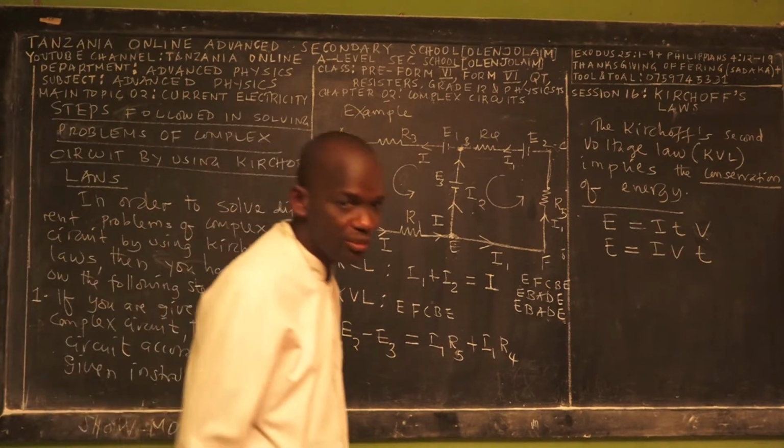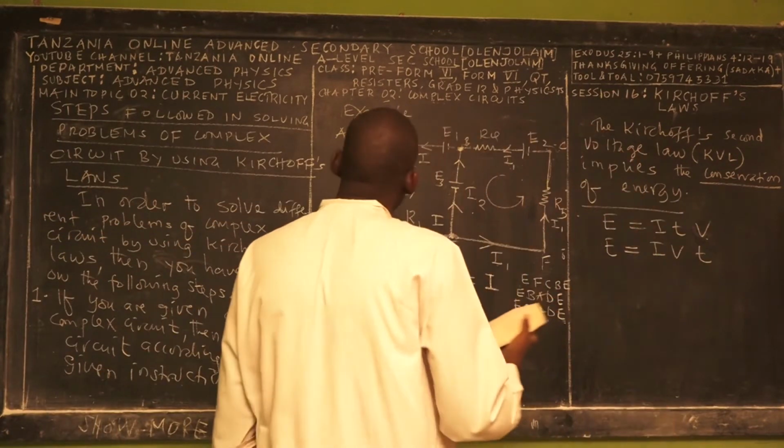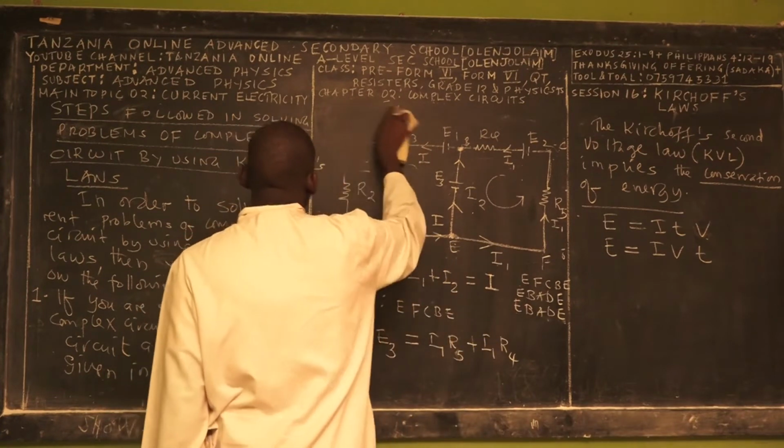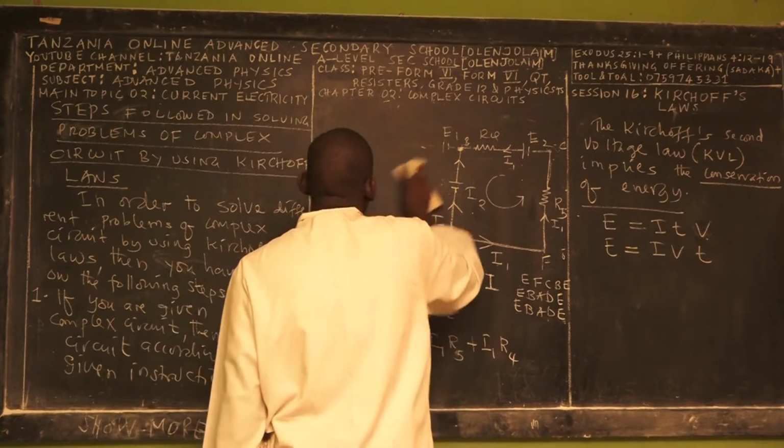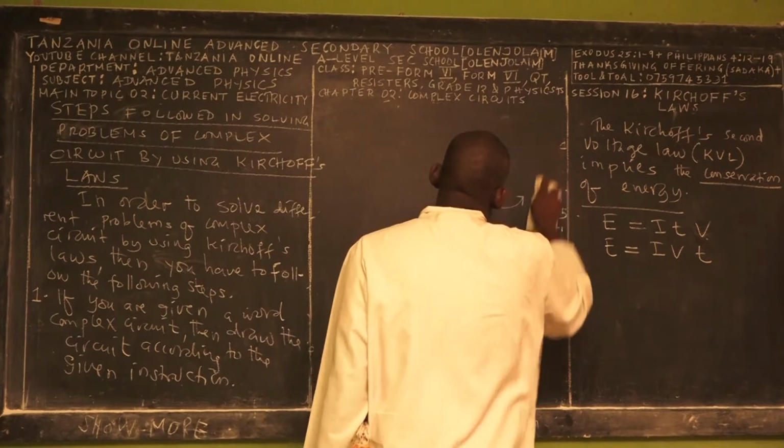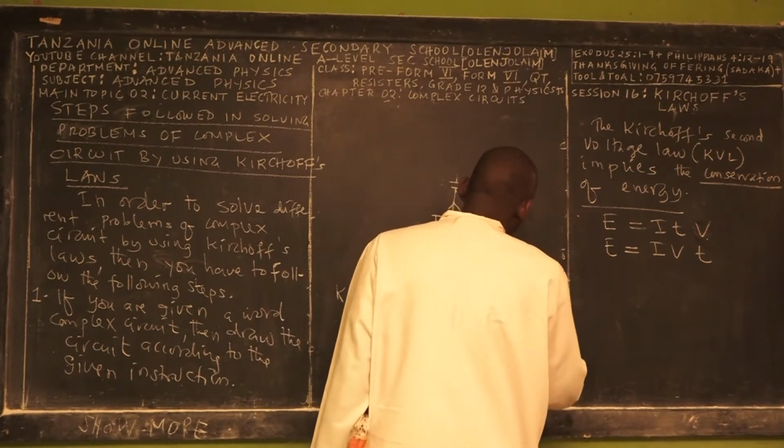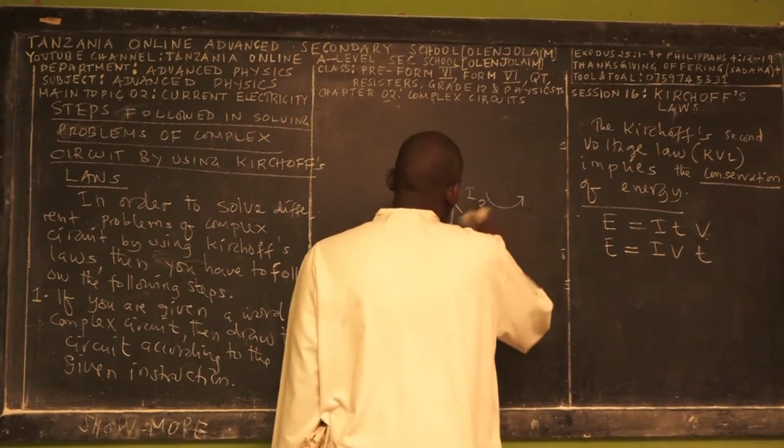This is not only if you have been given a word problem, but even if you have been given a circuit, you have to redraw it and then make your own choices of directions of current.